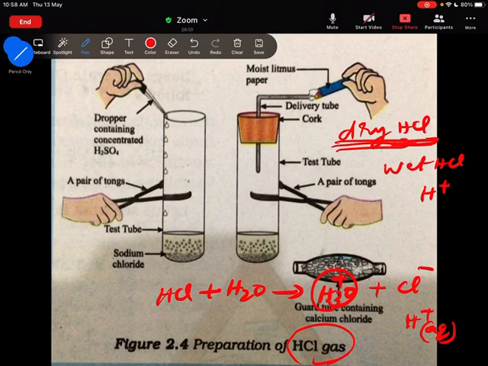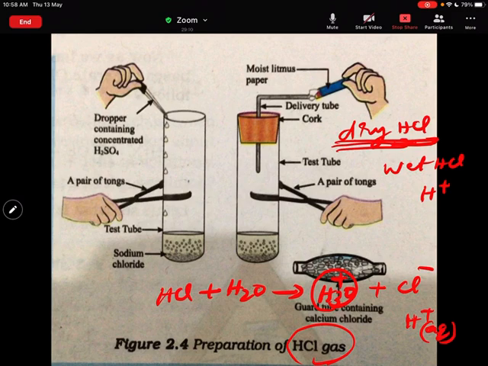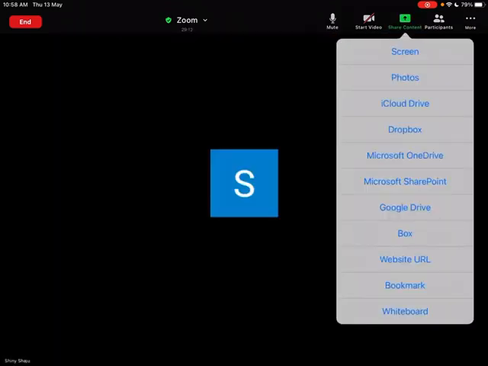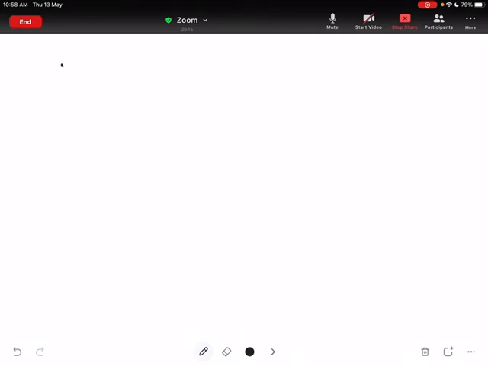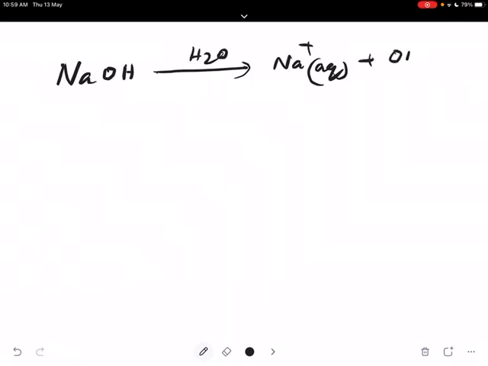Now, similar is the case with sodium hydroxide or bases. So sodium hydroxide, NaOH, H2O, then Na plus aqueous, meaning in water, plus OH minus aqueous.